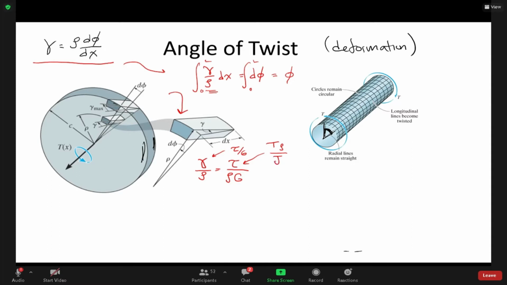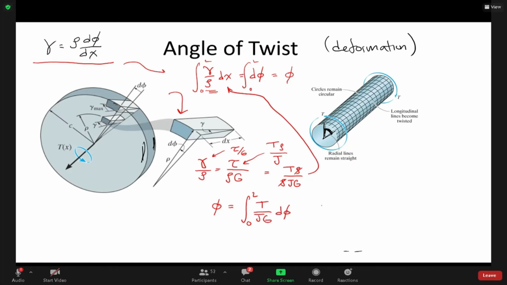So this now becomes T rho over rho J G, and obviously the rhos cancel out. Then we can put that back in, and we get that the total angle of twist equals the integral from 0 to L of T over J G dx.